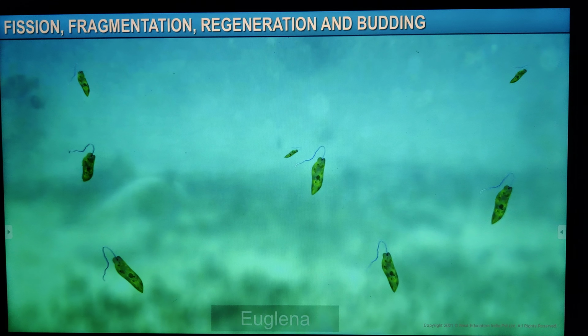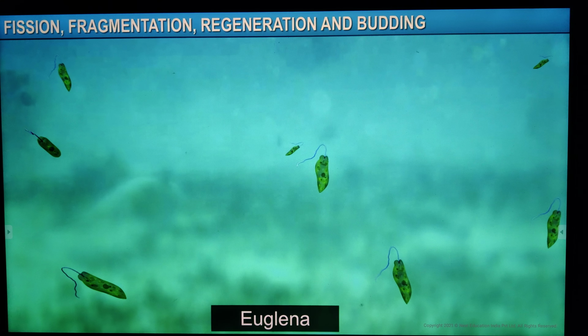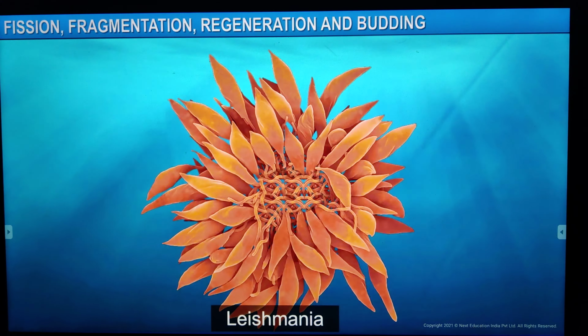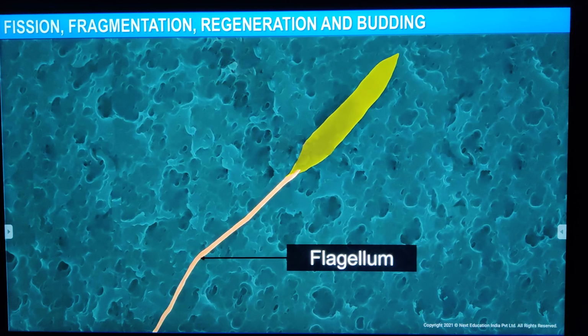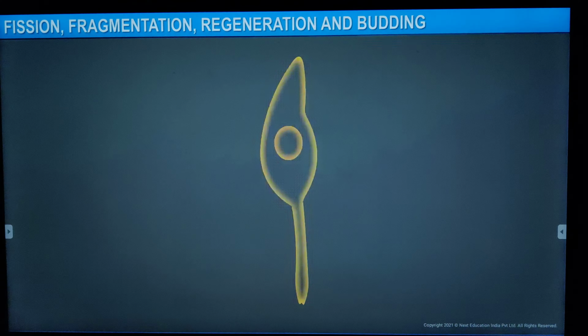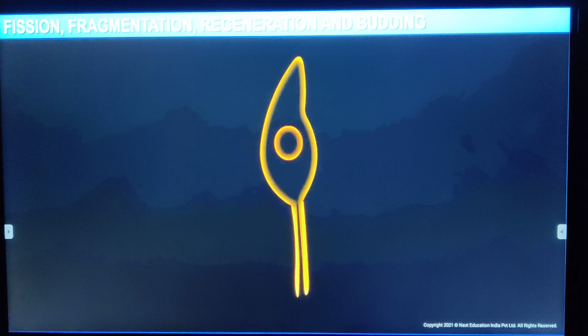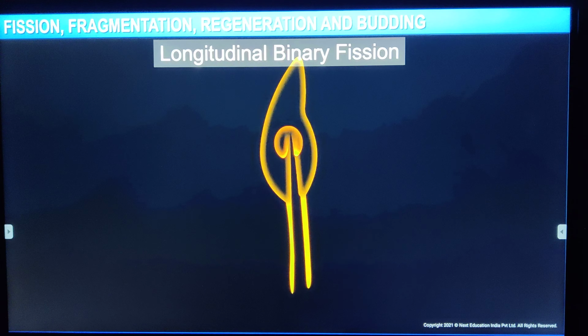Organisms like Euglena and Leishmania undergo binary fission in a definite orientation in relation to the whip-like structures present at one end of its cell. This type of splitting is called longitudinal binary fission.